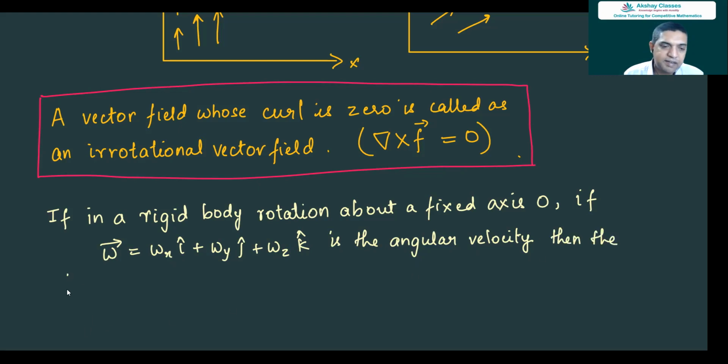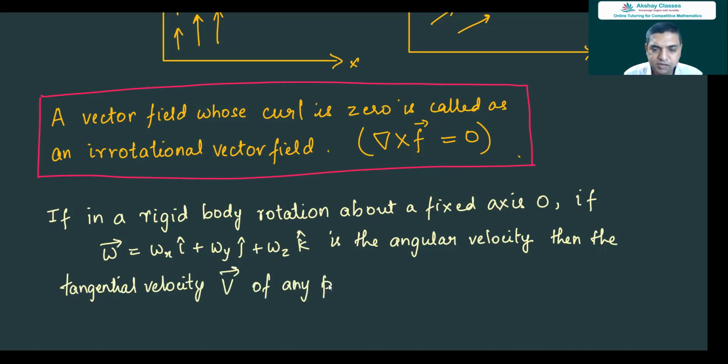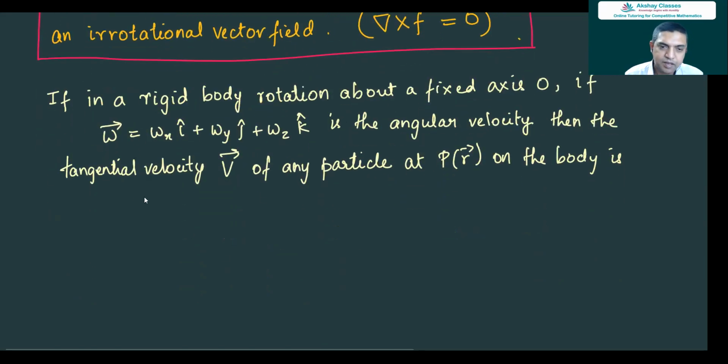the tangential velocity v of any particle P at position r of the body is given by V is equal to omega cross r.